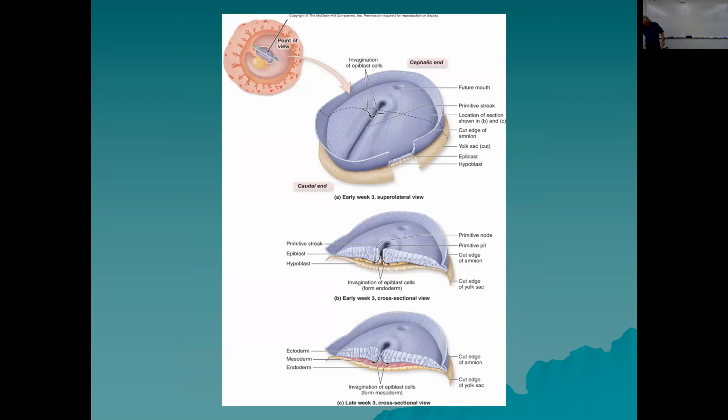So you have epiblast and hypoblast. You have involution of the epiblast cells in between the epiblast and the hypoblast. And that becomes mesoderm. The epiblast becomes ectoderm, the hypoblast becomes endoderm, and what has involuted in between those 2 layers becomes mesoderm.